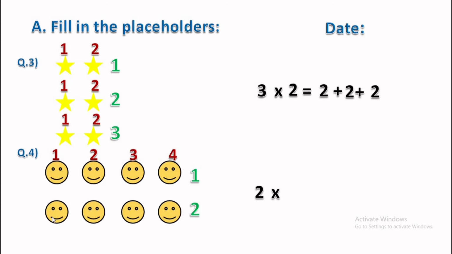And again 1, 2, 3 and 4. So we'll write 4 here and then put equals to, or we can find that 2 into 4 is equal to 8, by adding the numbers, the bigger number here, 4 plus 4.